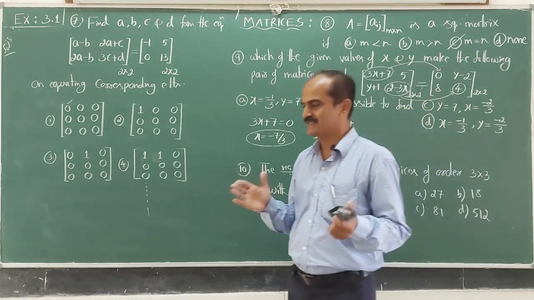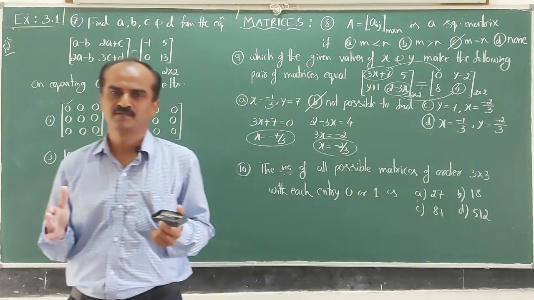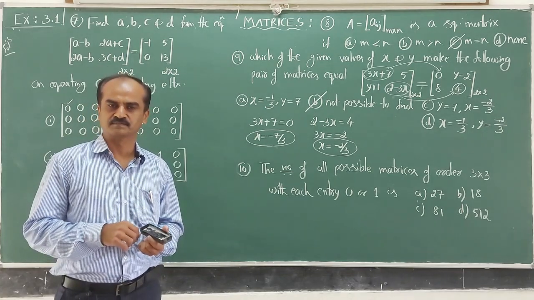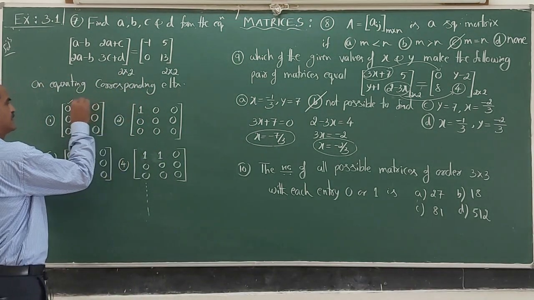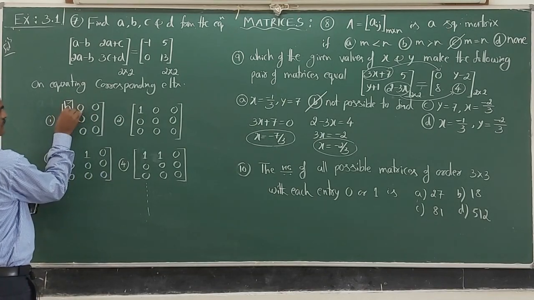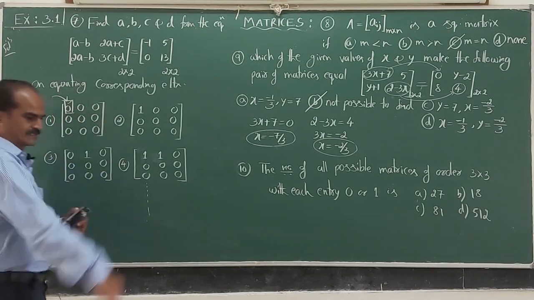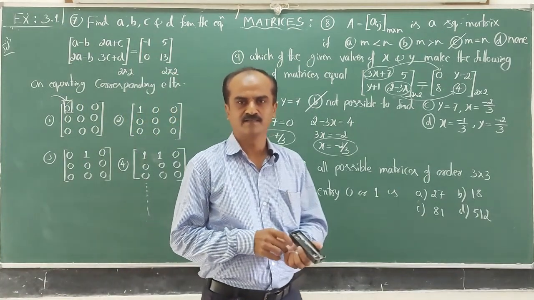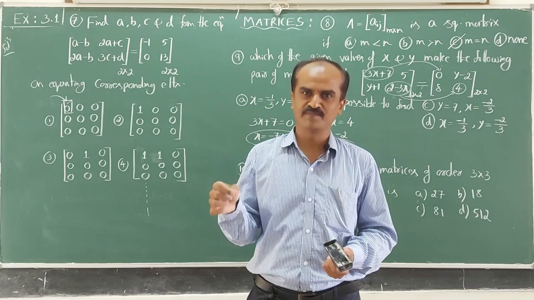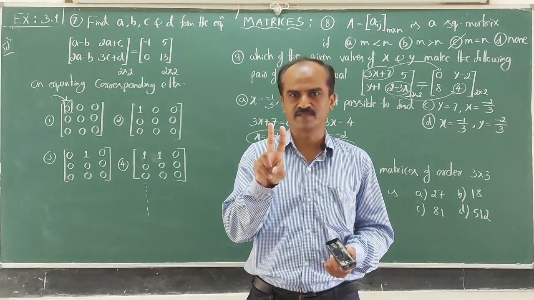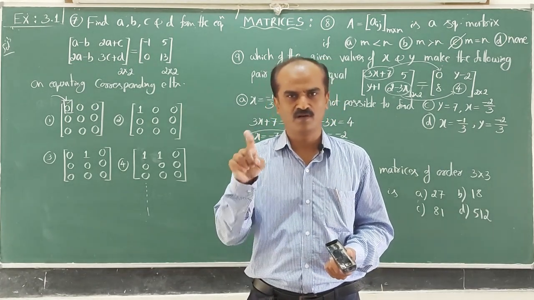So it can be easily solved with the help of fundamental principle of counting. How we can do it? Here each and every position of this matrix can take either 0 or 1. Means each position of the matrix can be filled in two ways, either by 0 or 1.